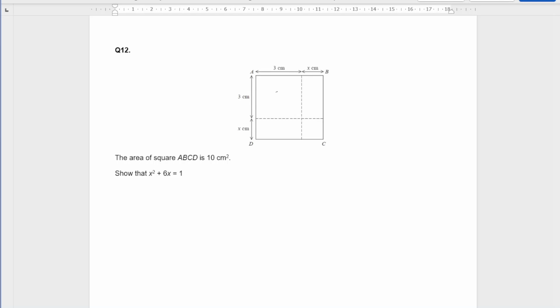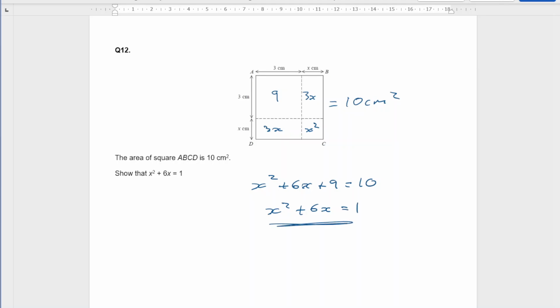So this area would be 9, this area would be 3x, this area would be 3x, and then this area would be x squared. And that's got to be equal to 10 centimeters squared. So if I simplify that, x squared plus 6x plus 9 is equal to 10. And then if I minus 9 from both sides, x squared plus 6x is equal to 1. And that'll be absolutely fine.